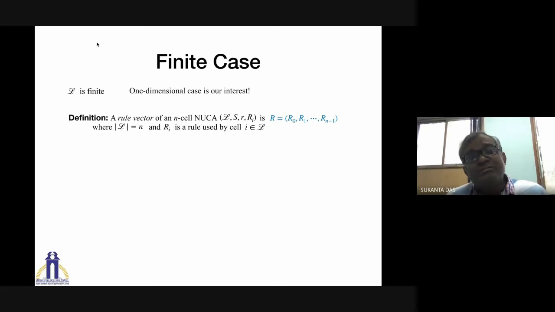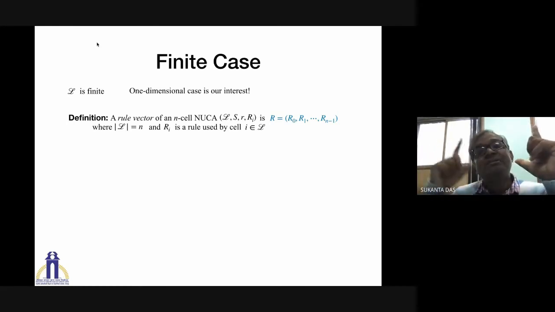But note that when L is finite, I consider L a set that starts from zero. Means we start numbering cells zero, then one, then two, then three, and so on. So if I have n number of cells, where n is a finite number, then I get a sequence of rules, a vector. This vector actually defines the CA, and this vector is called the rule vector, right? So it's obvious, I think.